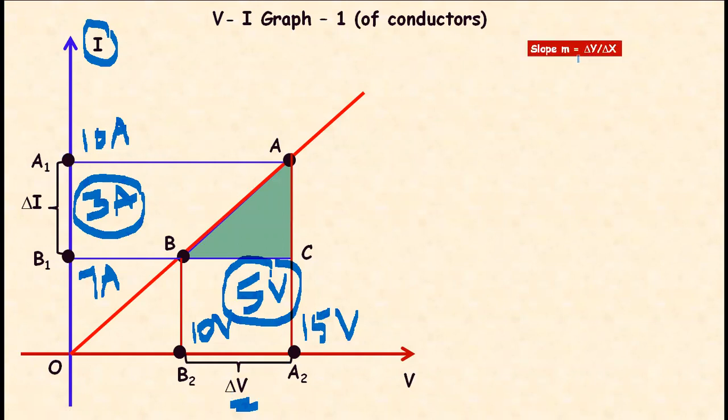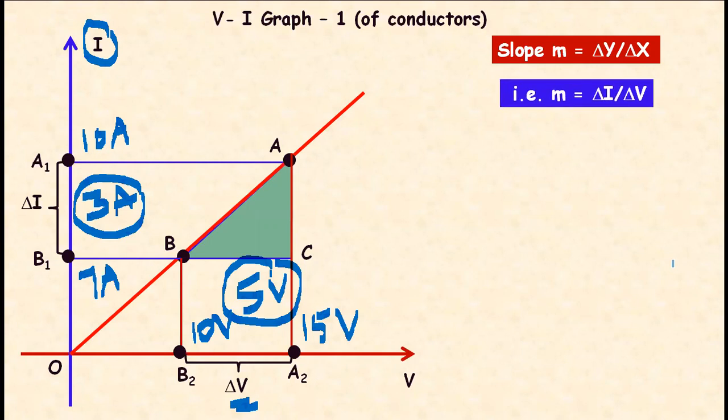You know, slope is given by m is equal to the change in y coordinate, del y, to the change in x coordinate, del x. Okay, that is slope m is equal to, now the change in y coordinate is del I. So instead of del y, we put del I here. And the change in x coordinate is del V, so we put del V here. Now let me substitute the values of del I and del V. That we shall do last.